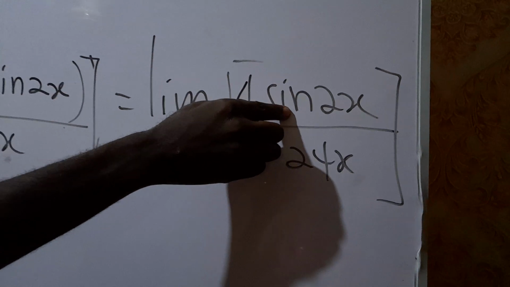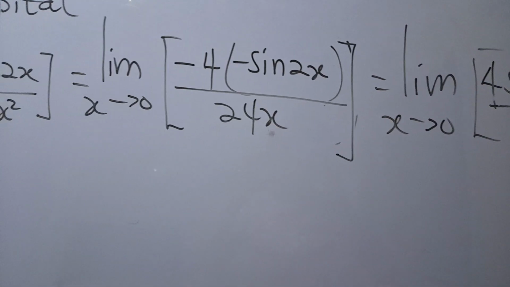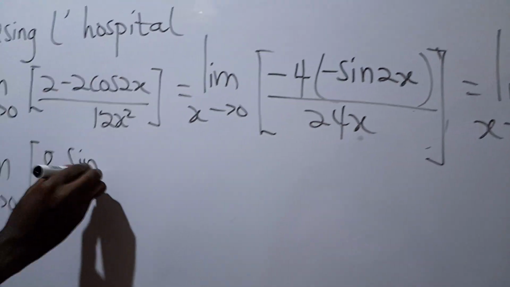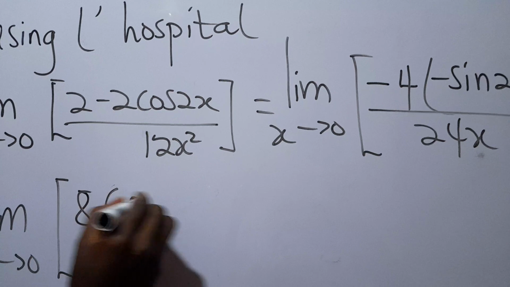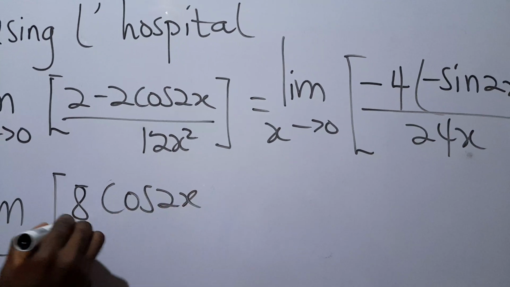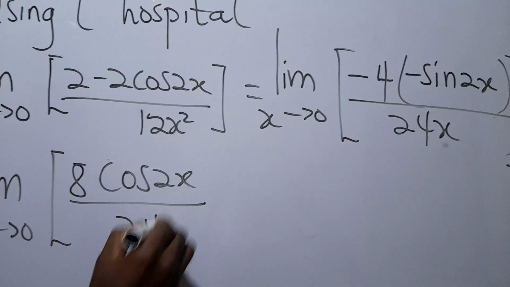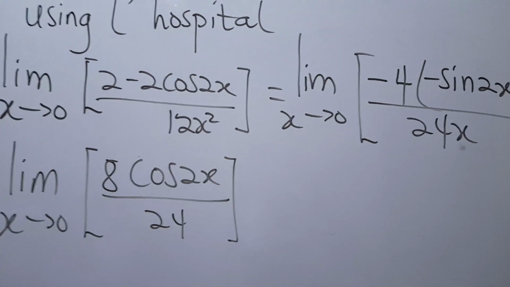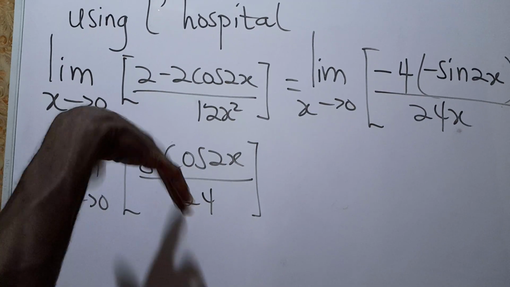Then when we differentiate sine, we'll get cos, then repeat the angle. So in that place, we'll get 8 cos 2x over, when we differentiate the 24x, we'll get 24. Now, the denominator doesn't have any variable, so when we substitute, we won't get 0.